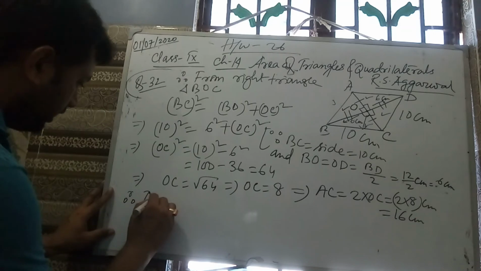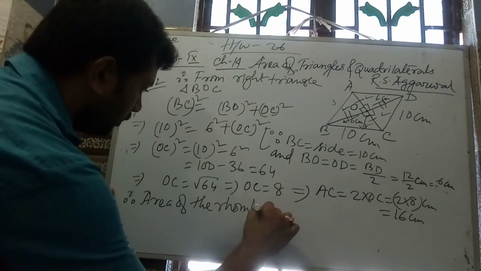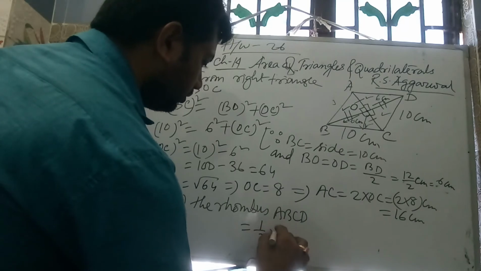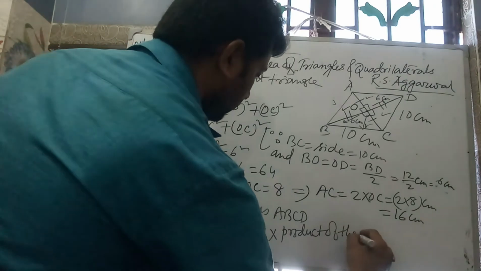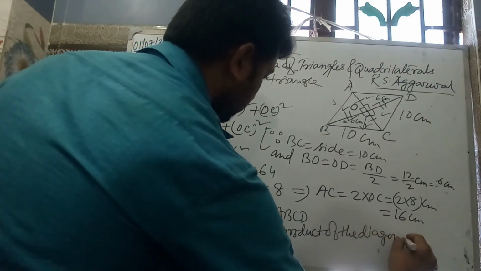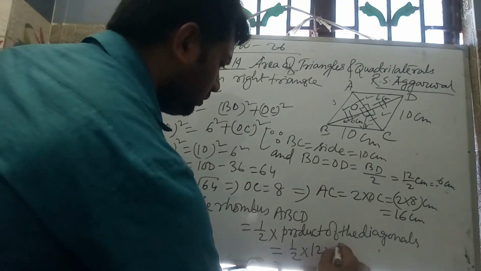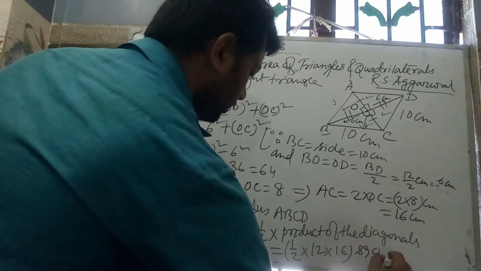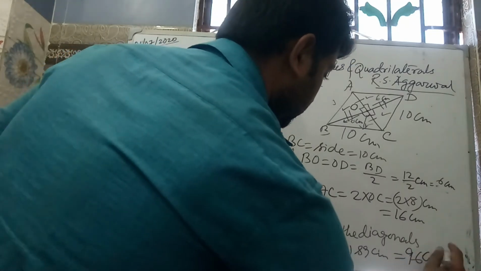Area of the rhombus ABCD equals half into product of the diagonals equals half into 12 into 16. 6 into 8, so 96 square centimeter.